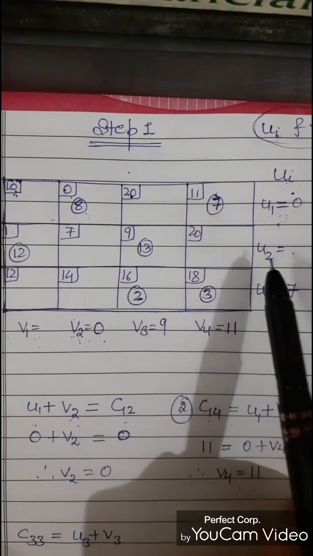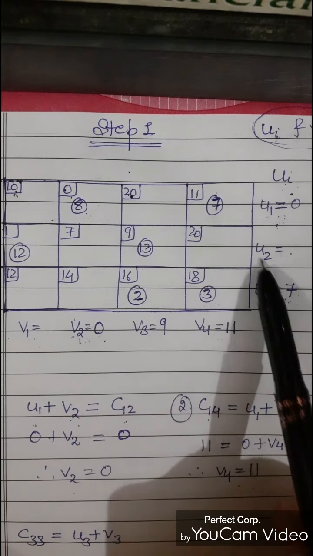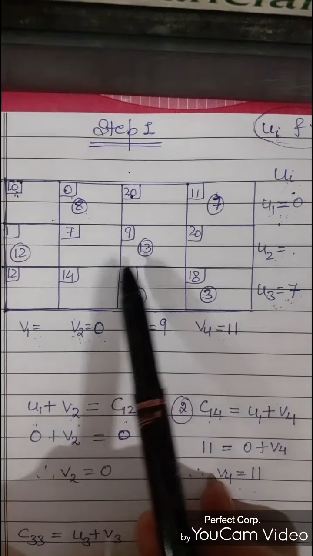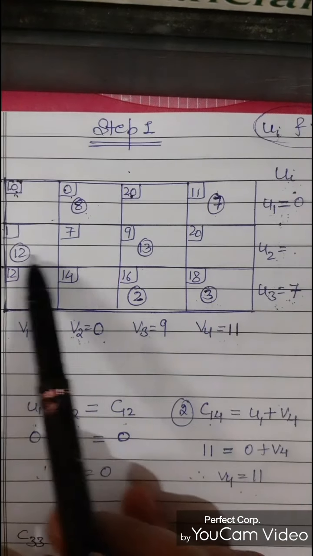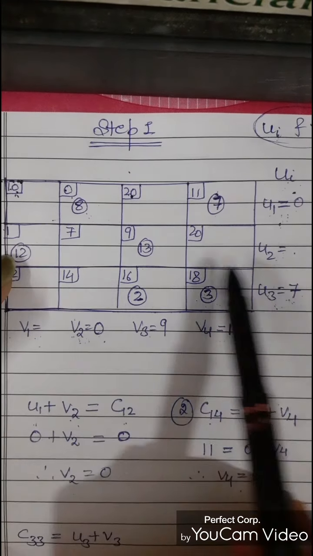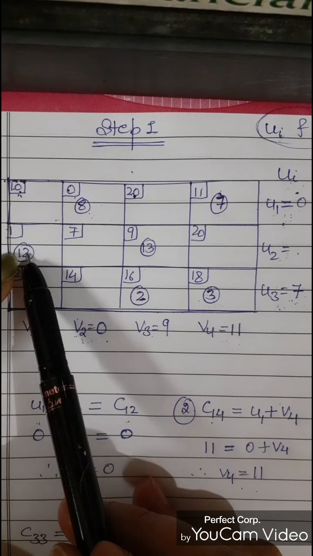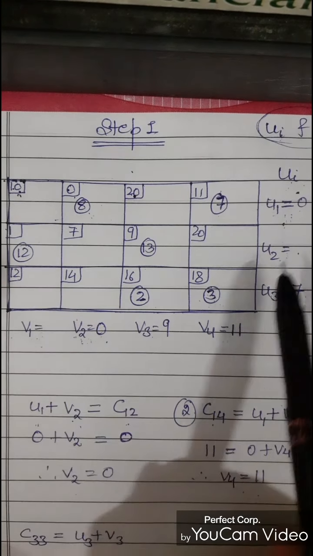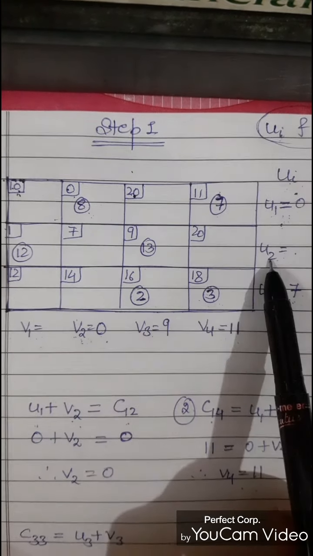So I will move to the next. But for finding the value of u2, if I move in this direction, I find two allocations along with this row, 13 and 12. If I use 12, then the same problem will occur: u2 has no value and v1 has no value. So how do I calculate the value of these two?